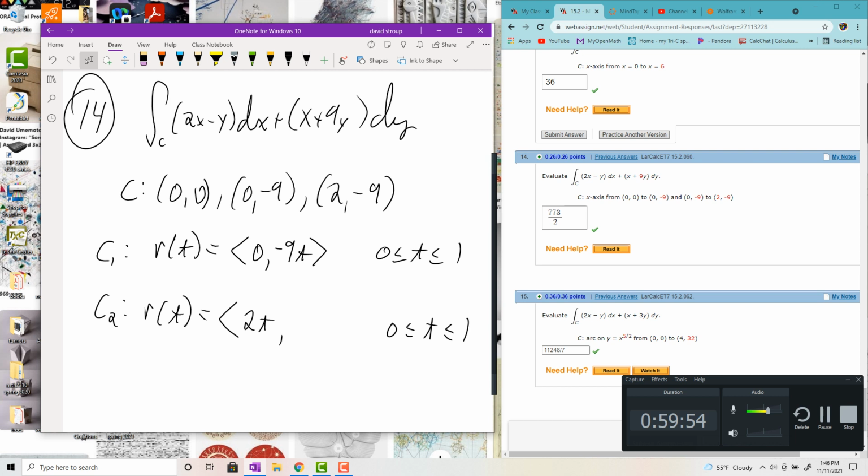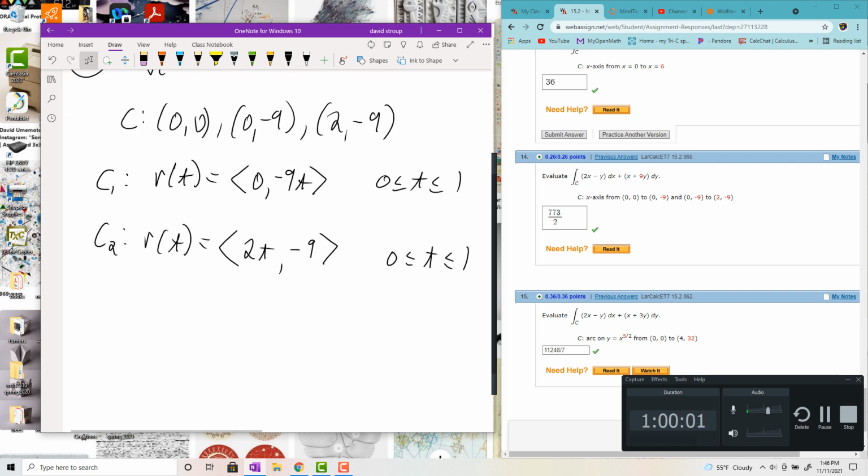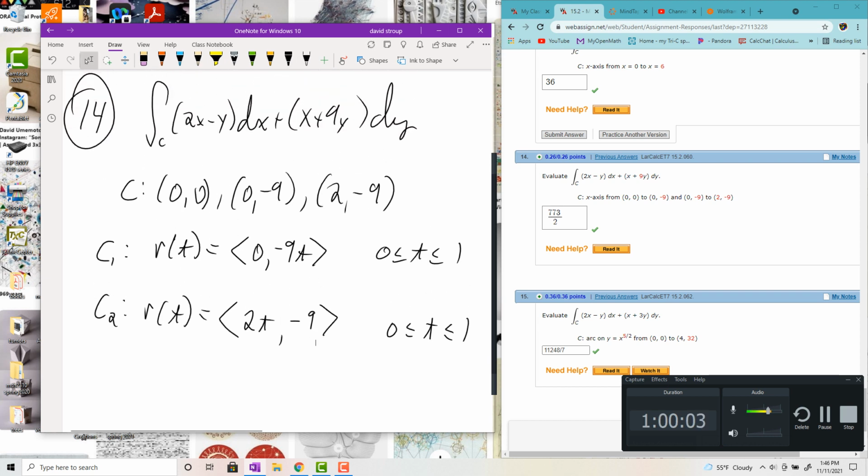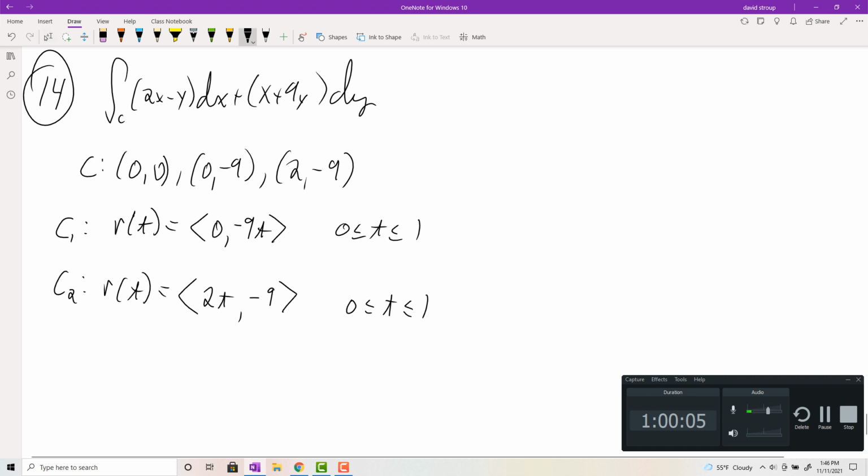So at 0 it's 0, and then at 1 it'll be 2, and then negative 9. Okay, so it's always just negative 9. And then I can rewrite my original integral.